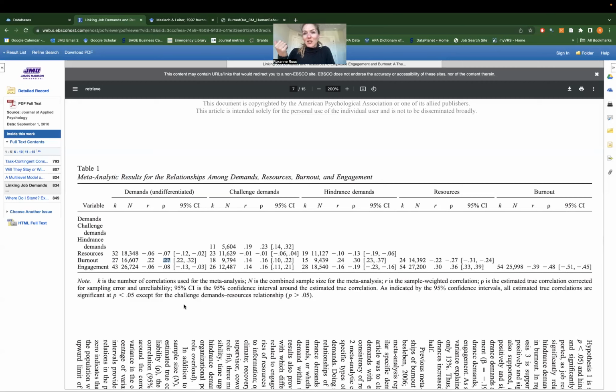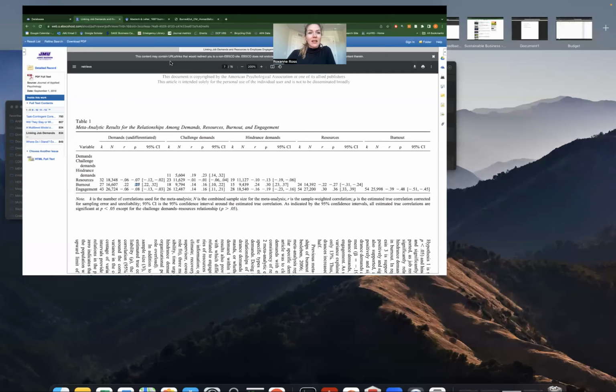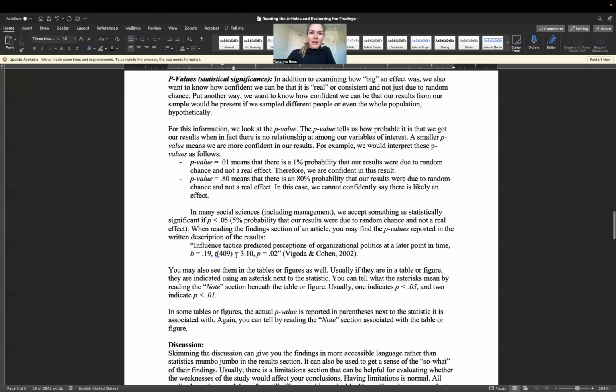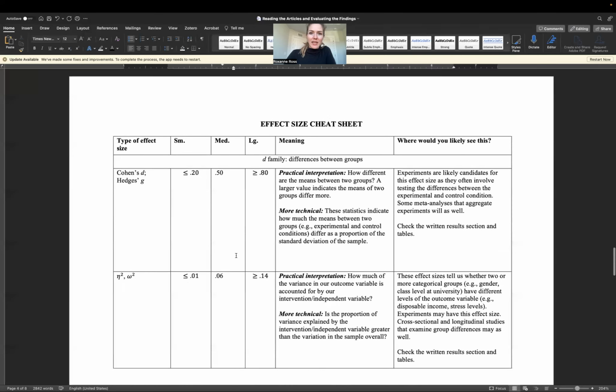We also get a strength of the association. So are job demands and burnout strongly associated with each other, weakly associated, or moderately associated? This is where we turn back to our cheat sheet here.